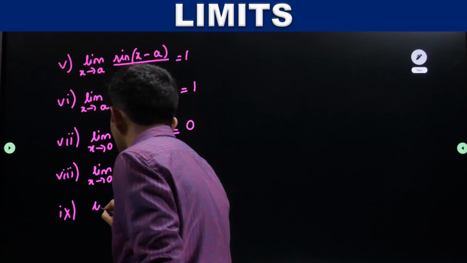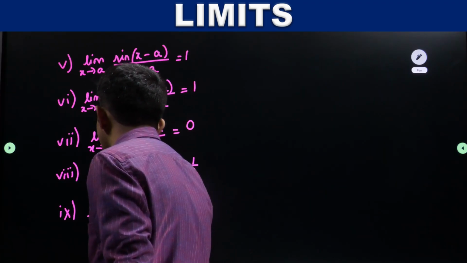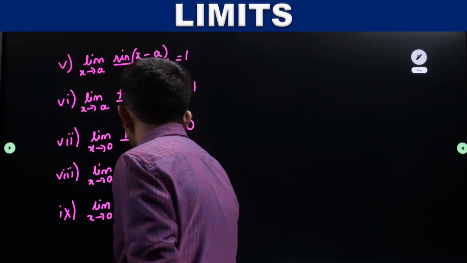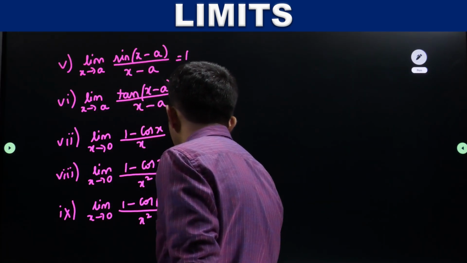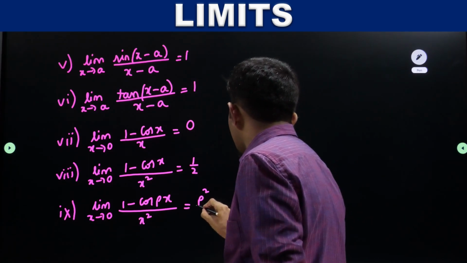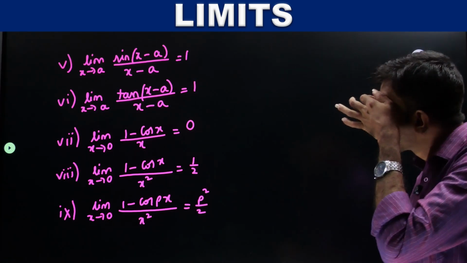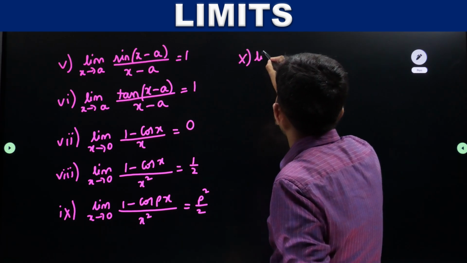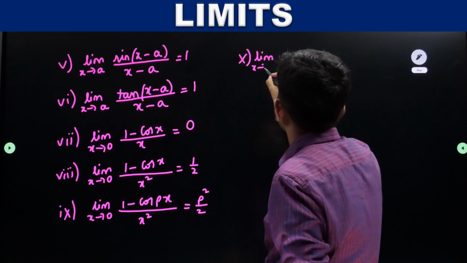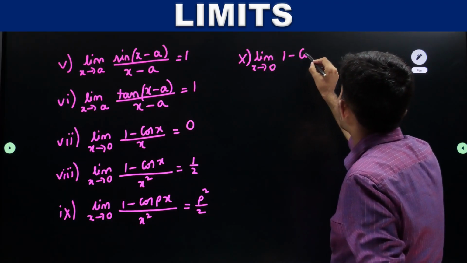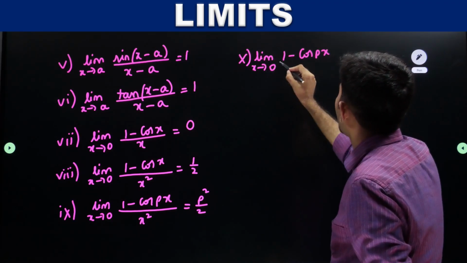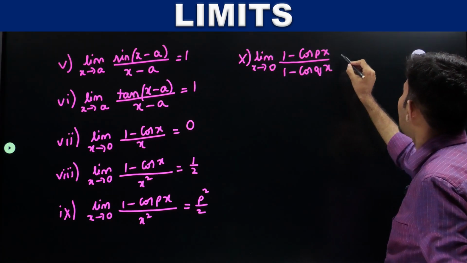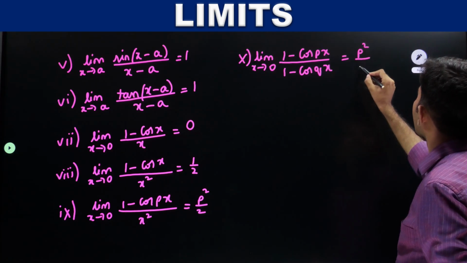Limit x tends to 0, 1 minus cos px by x square is equal to p square by 2. Limit x tends to 0, 1 minus cos px divided by 1 minus cos qx is equal to p square divided by q square.